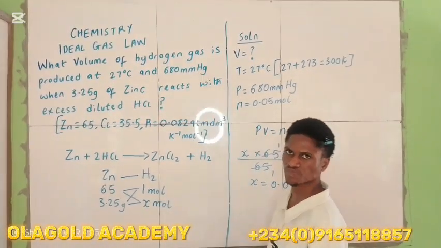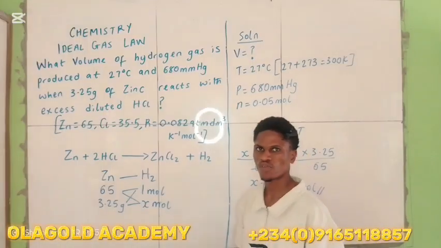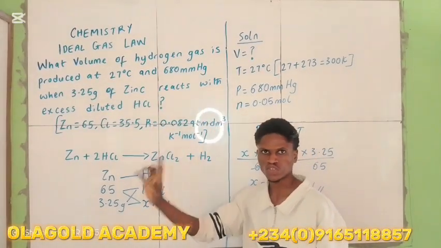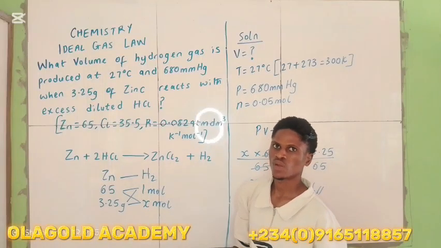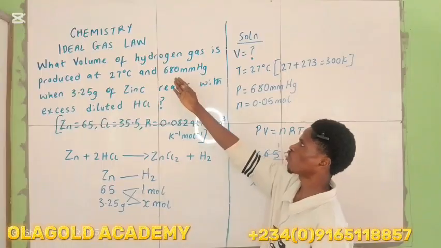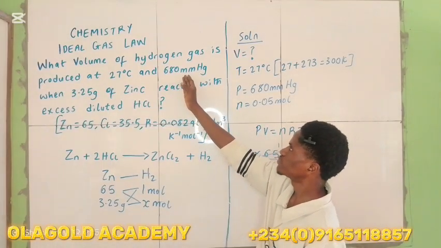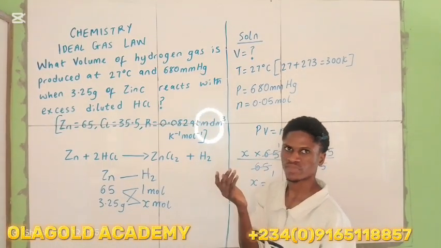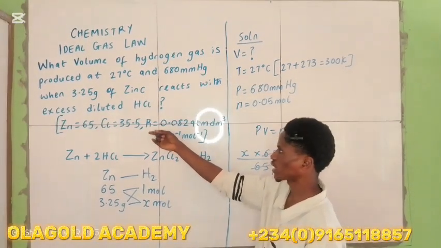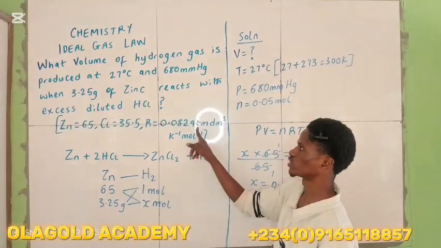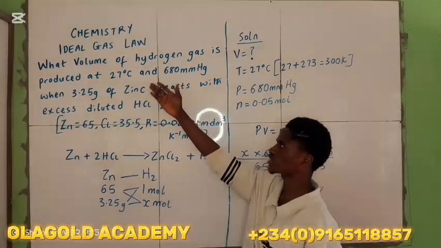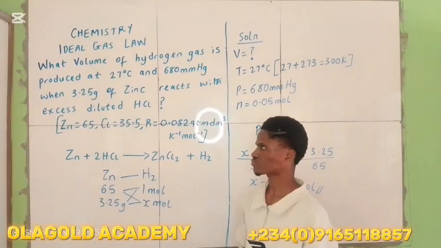So we need to convert either of the two to fit into the same unit. For this question, I would like to convert this 680 millimeter mercury to atmosphere. Alternatively, you can use the molar gas constant that has to do with millimeter mercury. I derived that in my previous video on the ideal gas law.